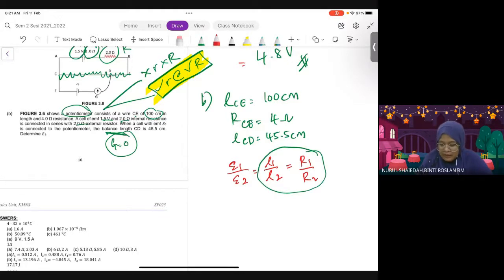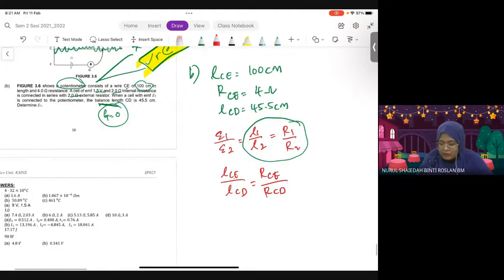Alright, so depend pada awak nak buat CE dulu boleh. LCE divided by LCD equals to, when we talking about LCE, so R should be belong to CE lah. LCD, RCD. Okay, so you akan masukkan nilai 100 cm divided by 45.5 cm equals to 4 ohms.